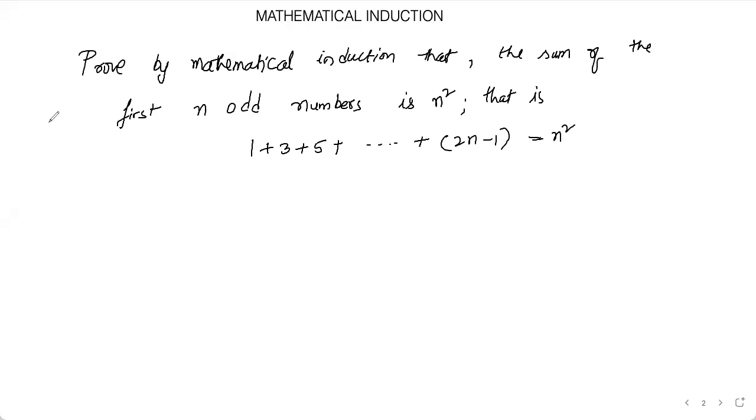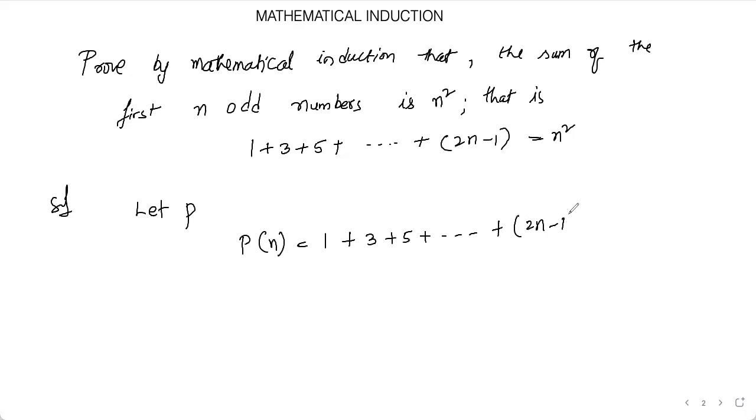Let P be the proposition that the sum of the first n odd numbers is n squared, that is, P of n: 1 plus 3 plus 5 plus and so on up to 2n minus 1 is n squared.